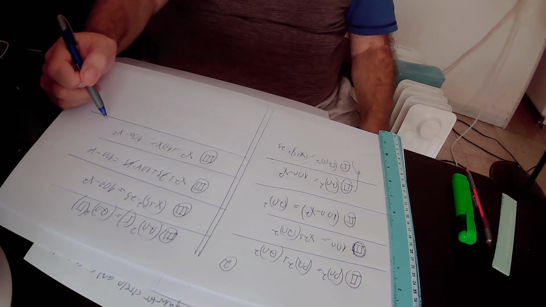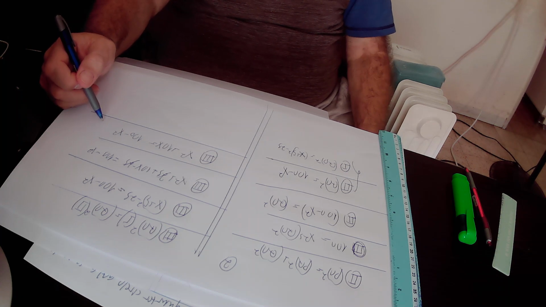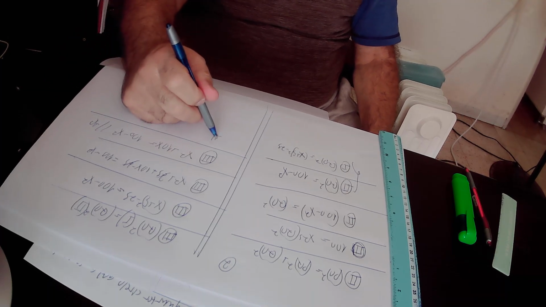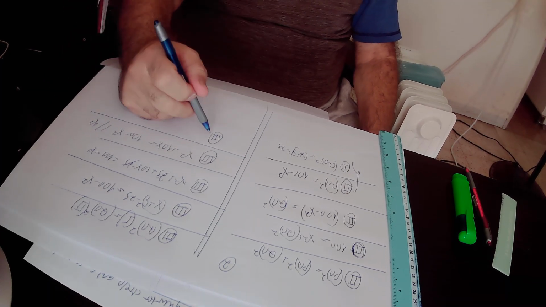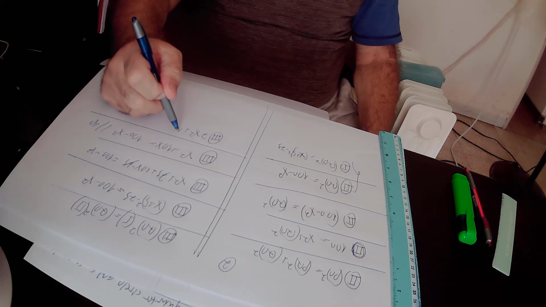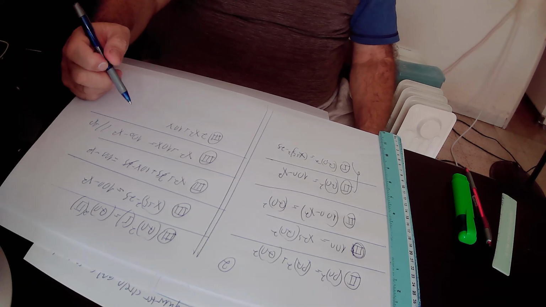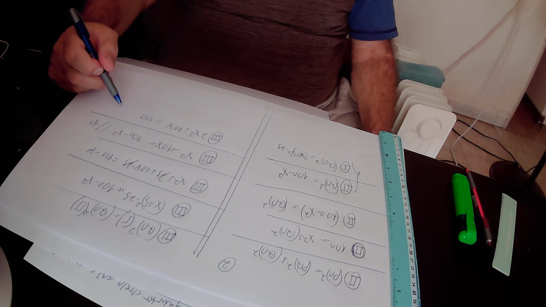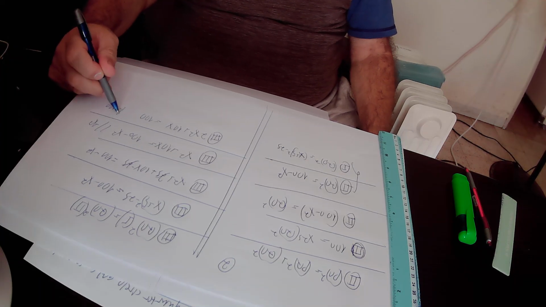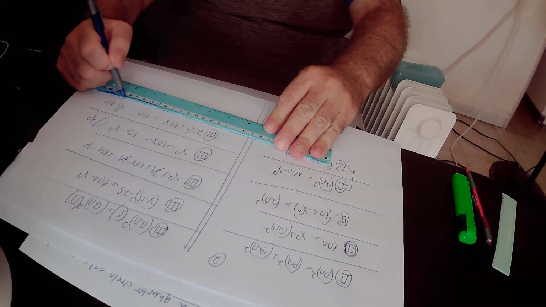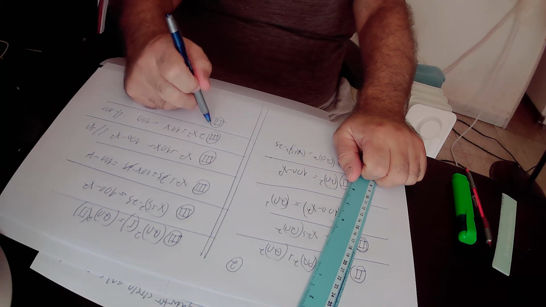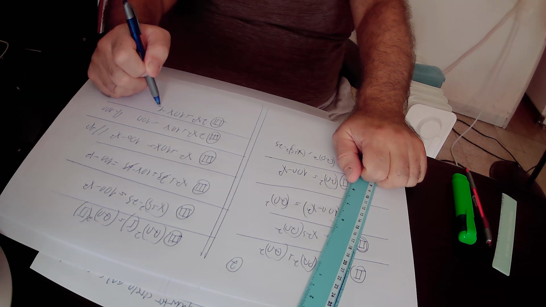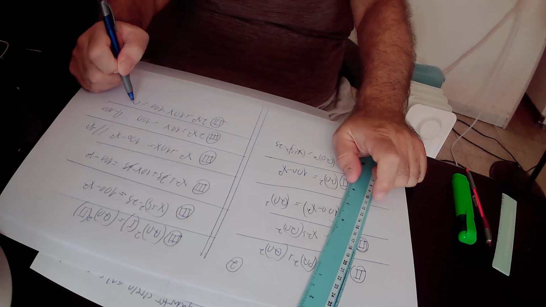Here we add x squared to equation 3, and you get that x squared plus x squared is 2x squared plus 10x equals 100. Then we subtract 100 from equation 3 and finally get 2x squared plus 10x minus 100 equals 0.